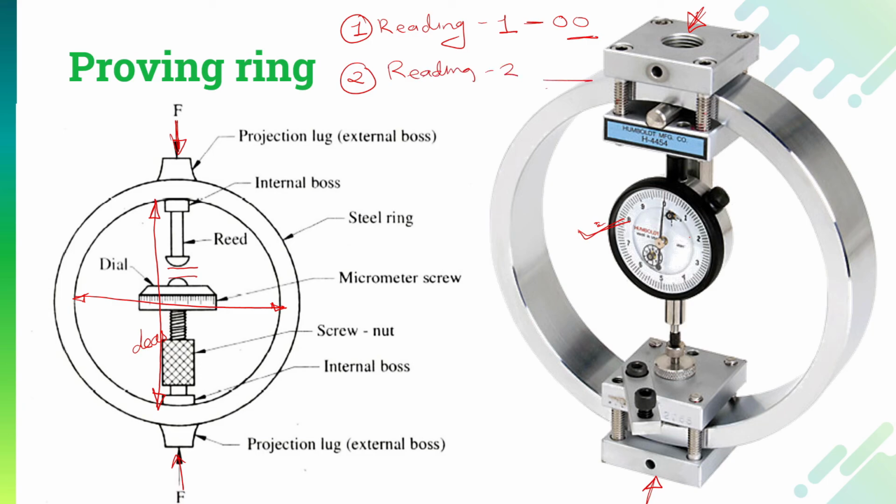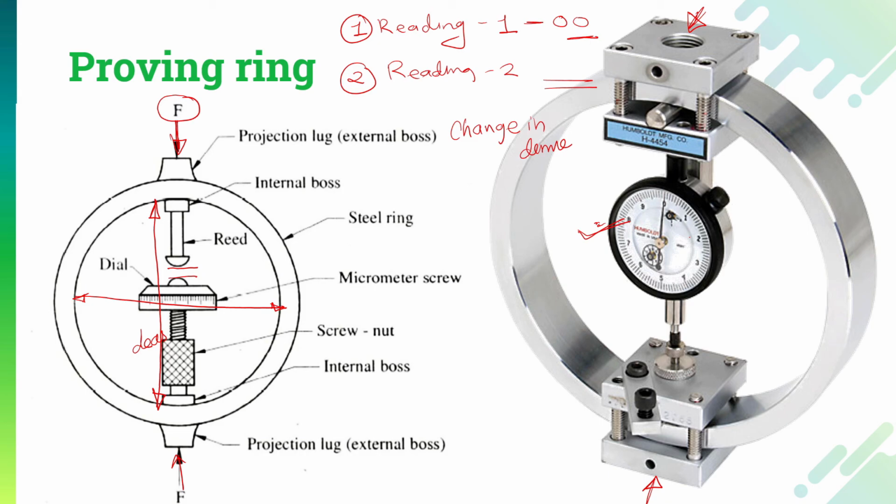Ultimately the difference between reading number 1 and reading number 2 will give us the change in the dimension of the proving ring, and that change in dimension is calibrated against the change in the forces. So we can measure the force by measuring the change in the dimension of the proving ring. This is how we can use the proving ring to measure the force.